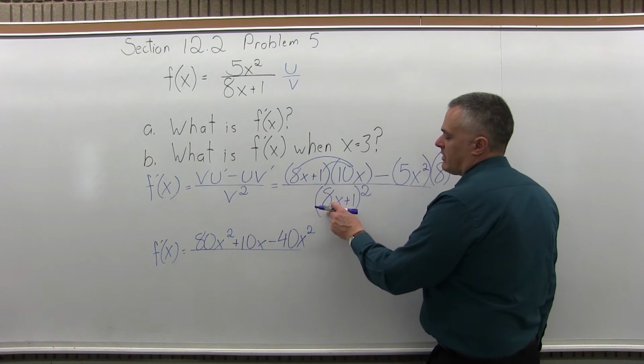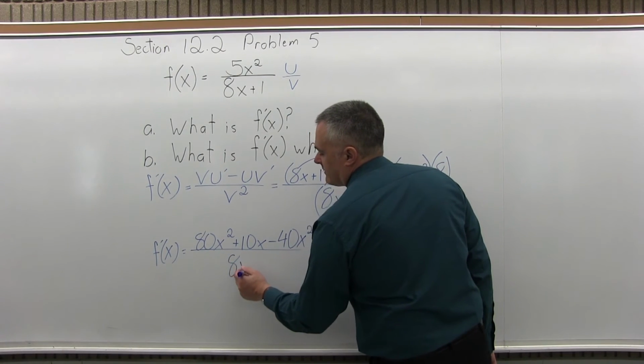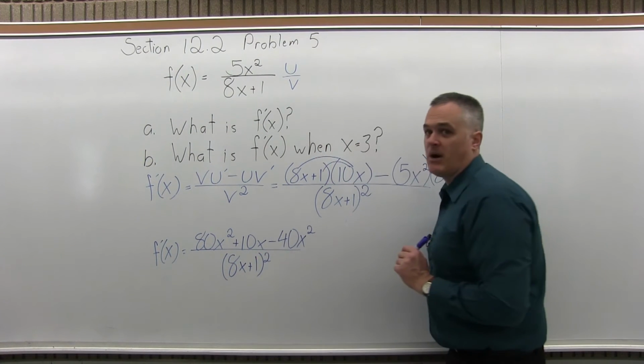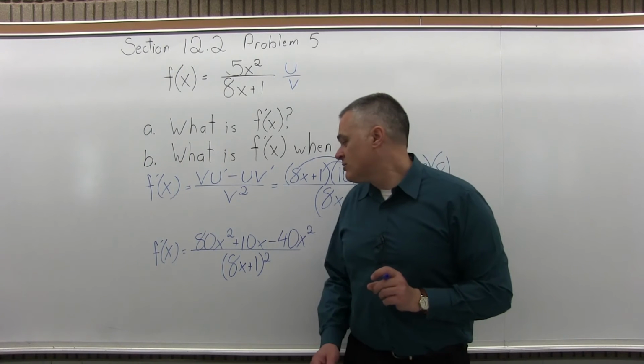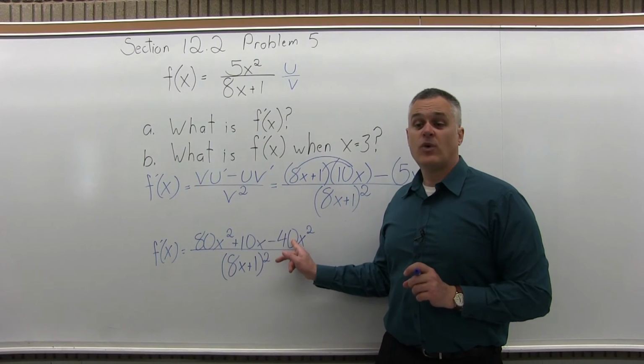And then in the denominator I don't really have to square this out. You can, but I will leave 8x plus 1 in parentheses to the second power. And now to simplify the numerator a little bit, I have an 80x squared and a negative 40x squared.